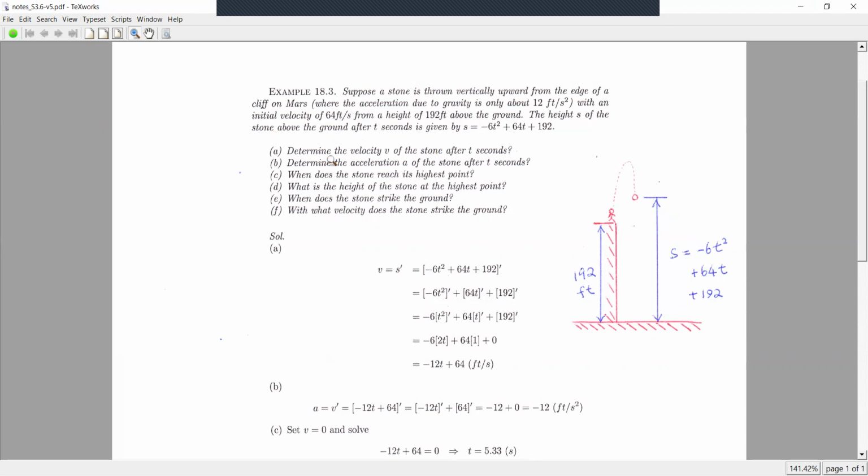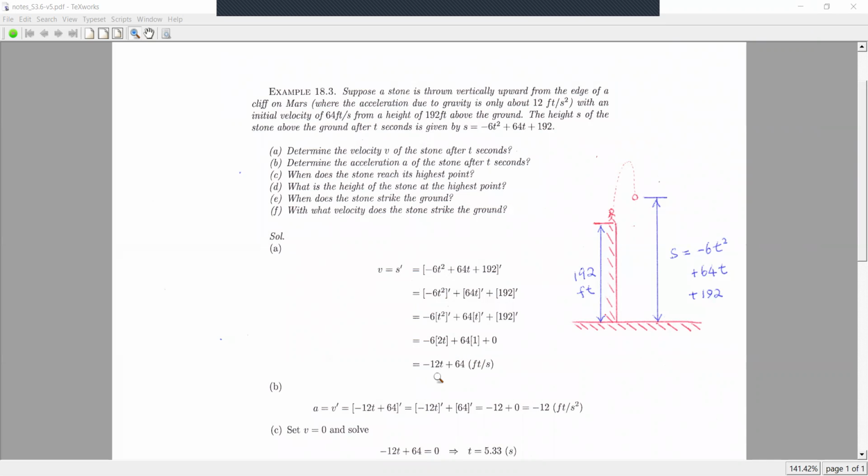Part A. Determine the velocity of the stone after t seconds. To answer part A, by fact number 2, take the derivative of the position function. Derivative of the position function is velocity. Derivative of this polynomial is negative 12 times t plus 64.